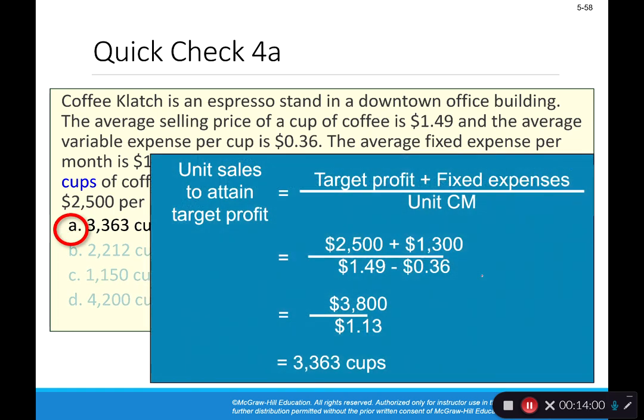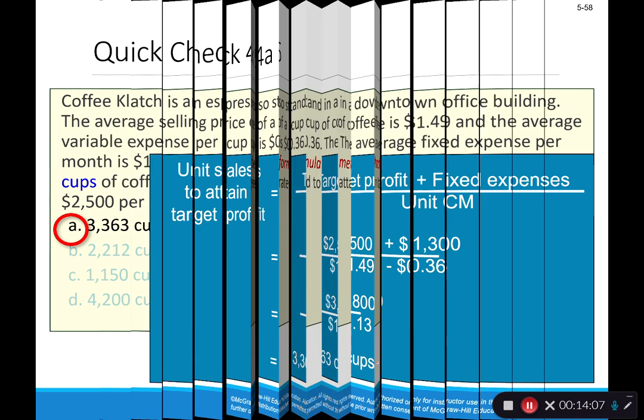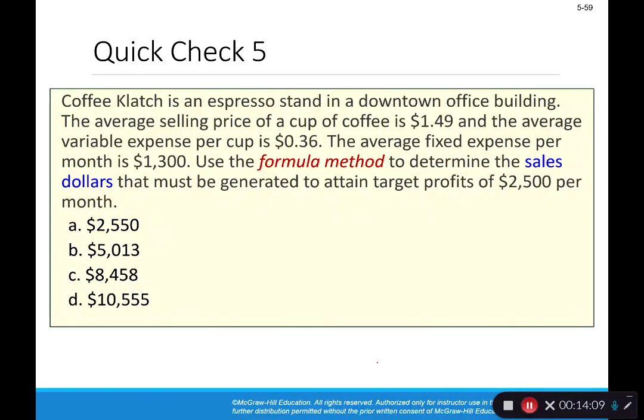So let's look. Here's the answer calculated out, all typed in nice and pretty for the answer in units. And lo and behold, this next question does in fact ask for the answer in dollars. And we got 5011, which is pretty close to B. But give it a pause and see if you can use the CM ratio to arrive at the answer.